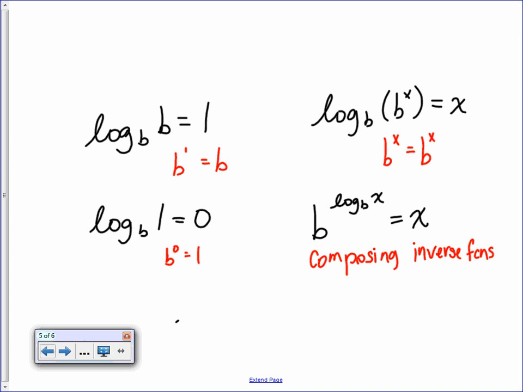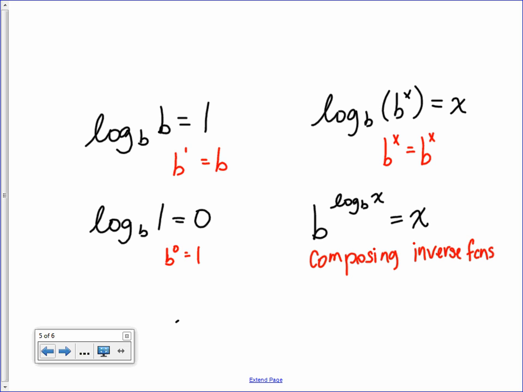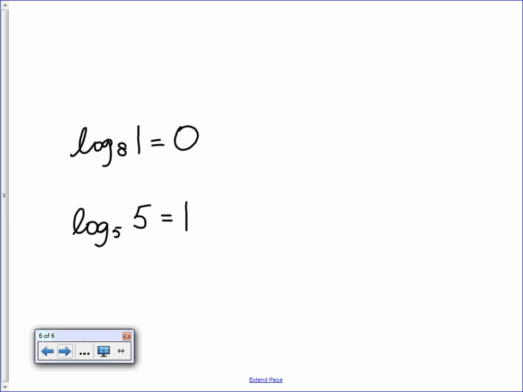Log base b of 1 equals 0, so log base 8 of 1 would equal 0. How about log base 5 of 5? What's that going to equal? 1. Log base b of b, and these two match. The answer is 1. So log base 5 of 5 is 1.